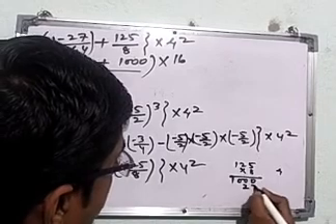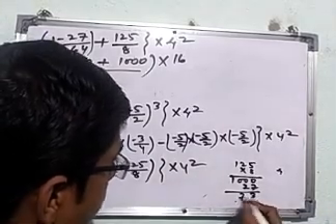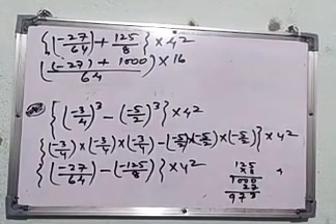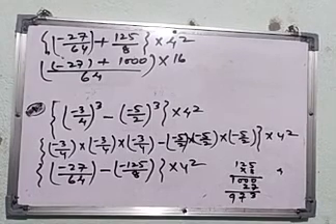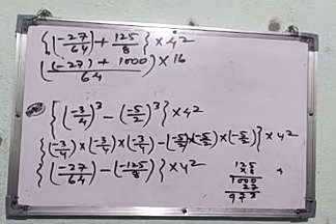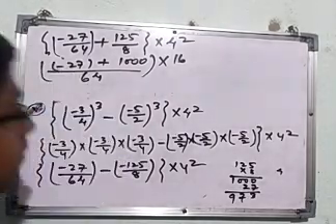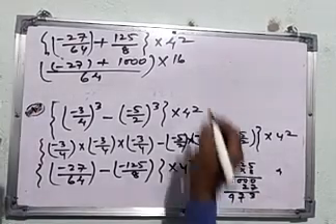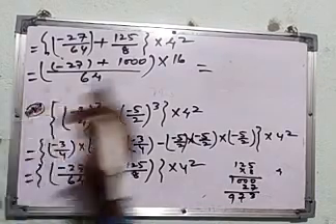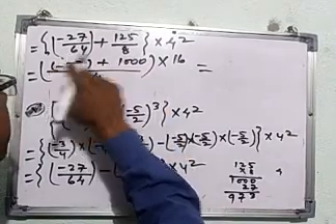Now you subtract 27, we get 973. So you write, if you subtract minus 27 and 1000, so here you see minus plus minus.